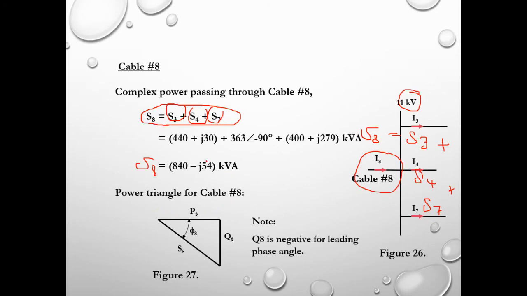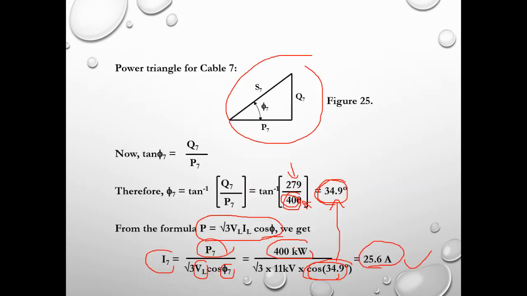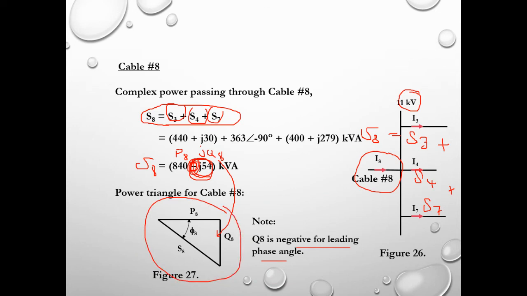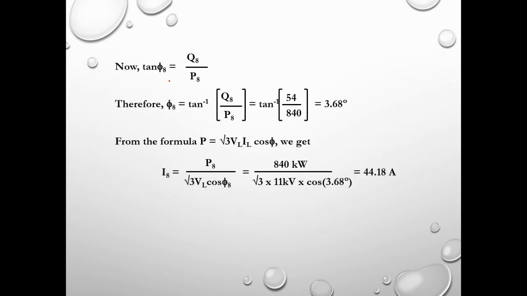For the power triangle, this is P8 and negative jQ8, so the value of Q8 is negative. Q8 is negative for leading phase angle. You can understand this from the power triangle, or from the negative sign over here. Now tangent theta 8 equals Q8 over P8.